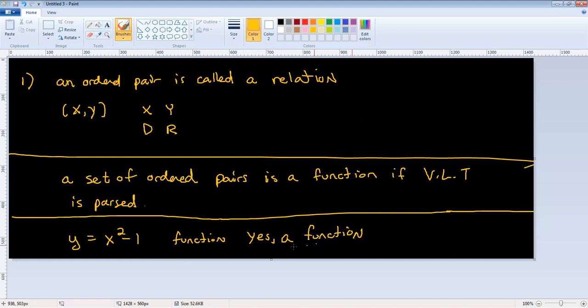Yes, it is a function. And then the graph of a function is the graph of what? The graph is just a bunch of ordered pairs. That's what that is.